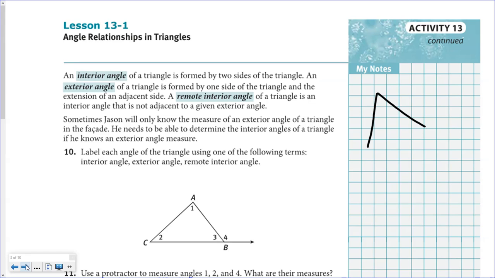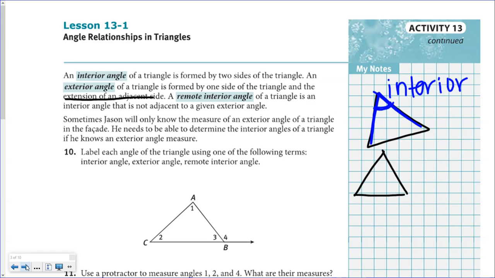So if I have a triangle, here's one side, here's the other, there's the angle that's created. This is interior. For exterior, it is formed by an extension of a side. So I'm going to take one side and extend it.